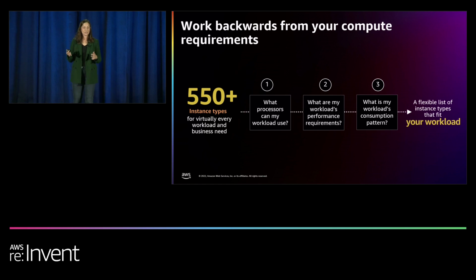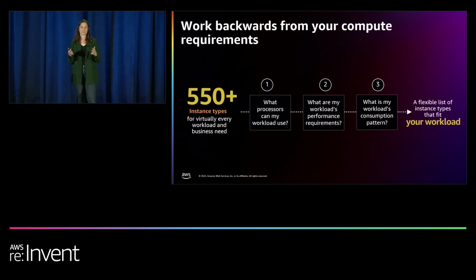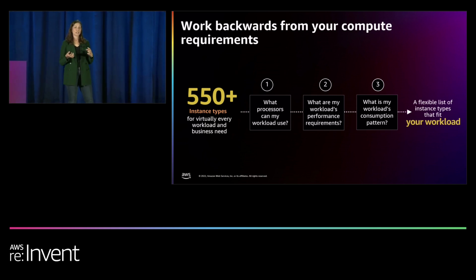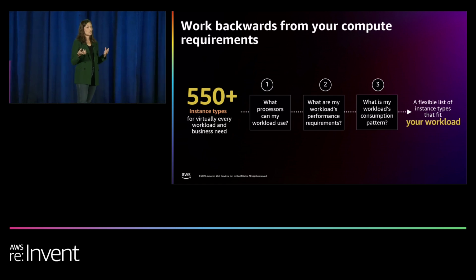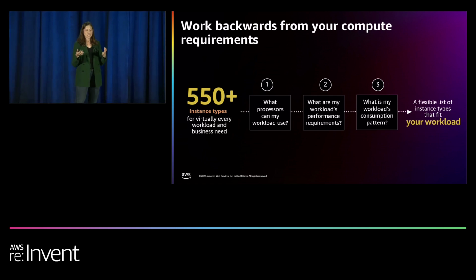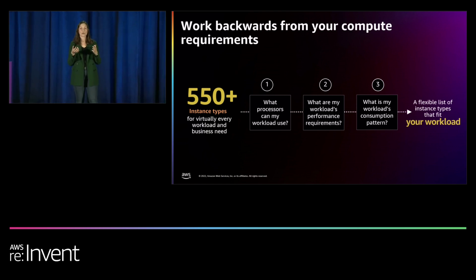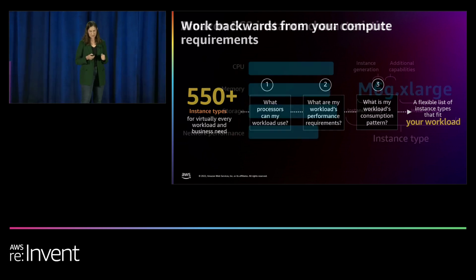And number 3, what is your workload consumption pattern? Can you use burstable performance instances? Can you use interruptible instances? After you answer these questions, you'll get a list of instance types that you will be able to test and qualify and make sure the application actually behaves the way that you expected it to.